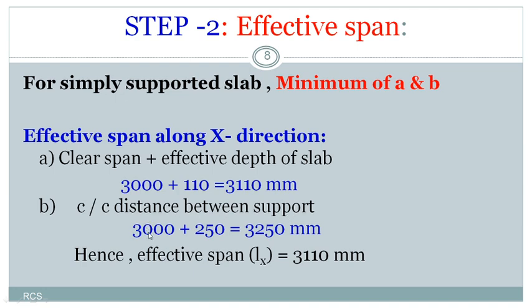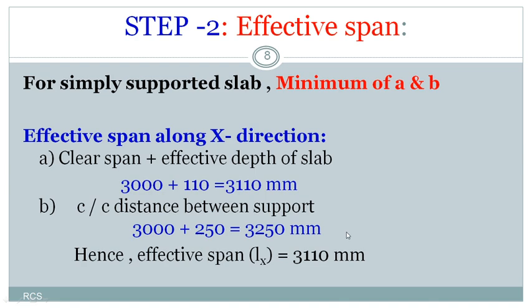And another criteria is center to center distance between the supports. So that is clear span plus center to center distance, means we will have half width of the support at one end and another half width of the support at the other end. Both half widths will give me one full width. That's why I am substituting here 250 mm, equal to one full width of the support. So 3000 plus 250 will give me 3250 mm.